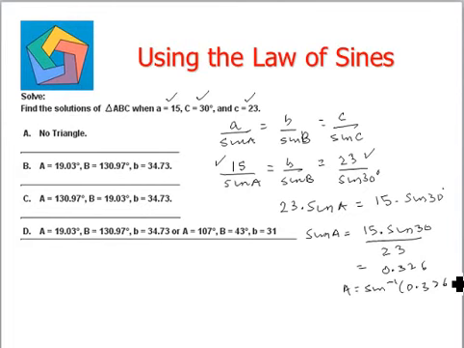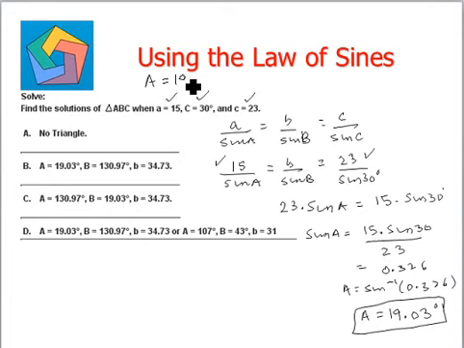Using the calculator, angle A equals 19.03 degrees. So we'll write here on the top A equals 19.03 degrees.